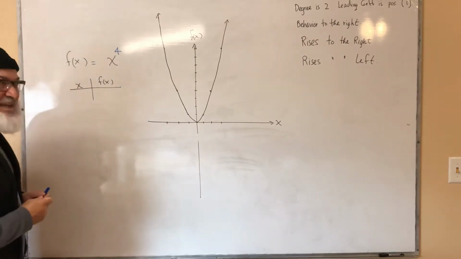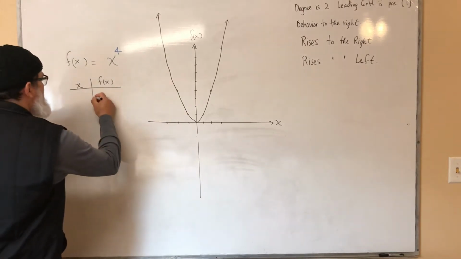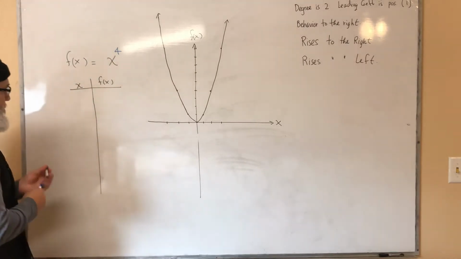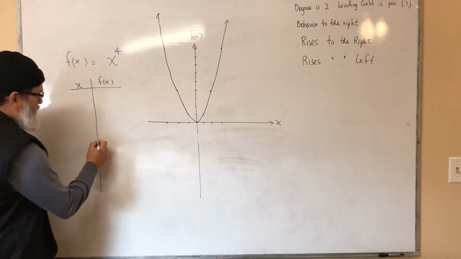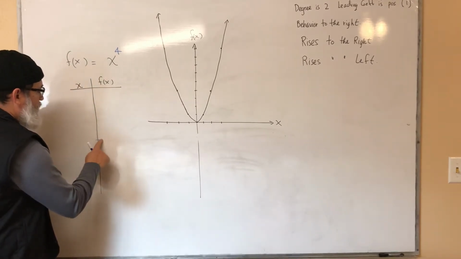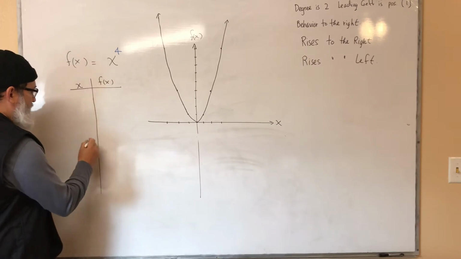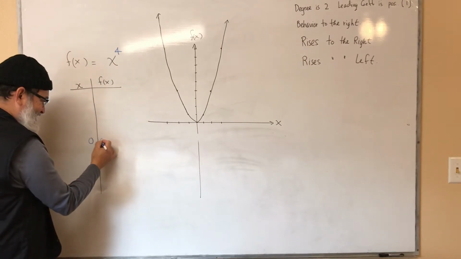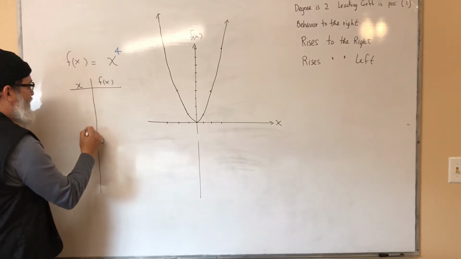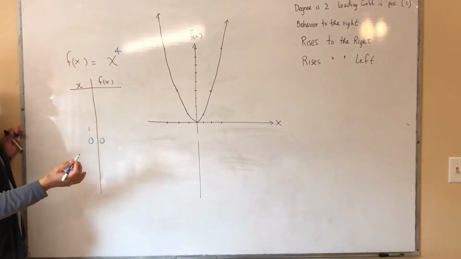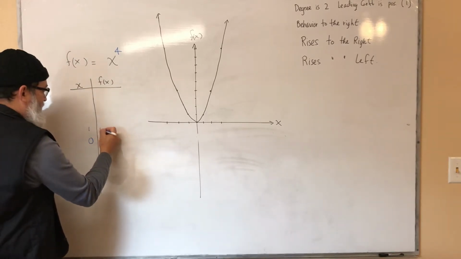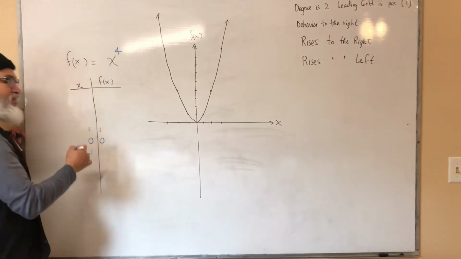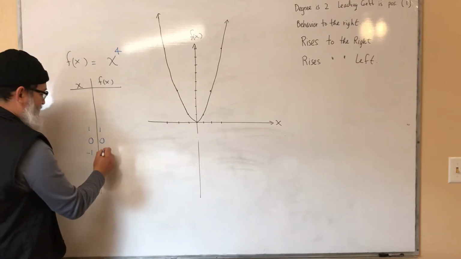So if the degree is 4, when x equals 0, what's 0 to the 4th power? 0. When x equals 1, what's 1 to the 4th power? 1. When x equals -1, what's -1 to the 4th power? 1.